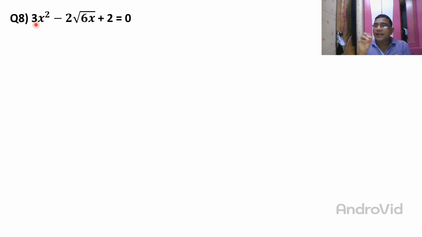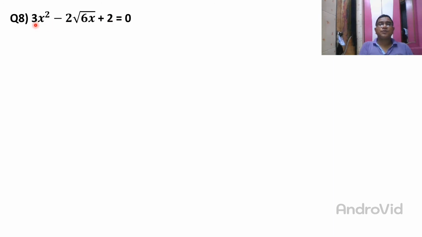So I already explained, if the first term coefficient is greater than 1, then that is multiplying to the third term. So this 3 is multiplying to the third term 2. So 3 2s are 6. Is that clear?